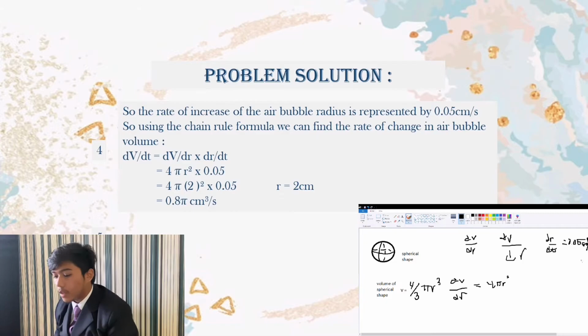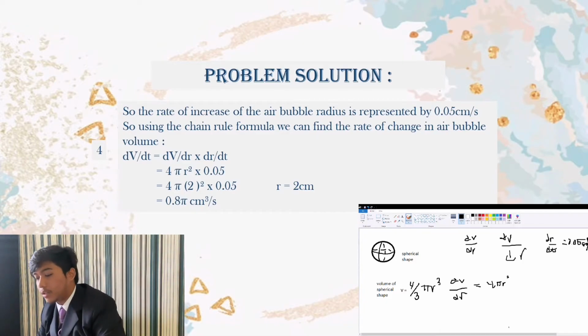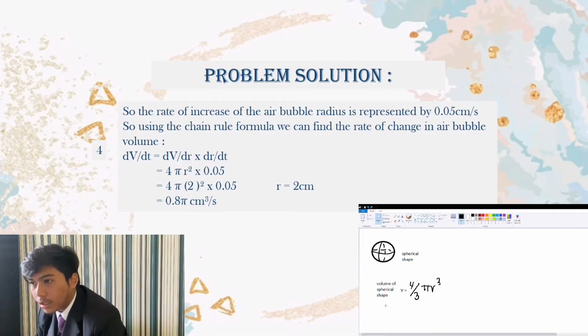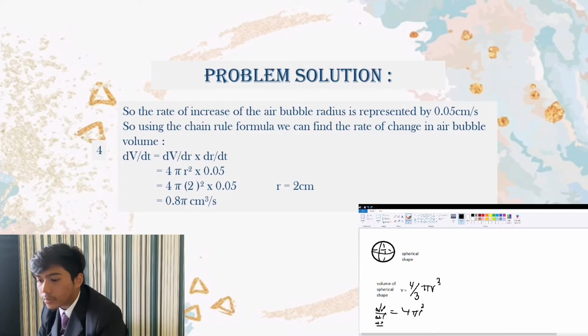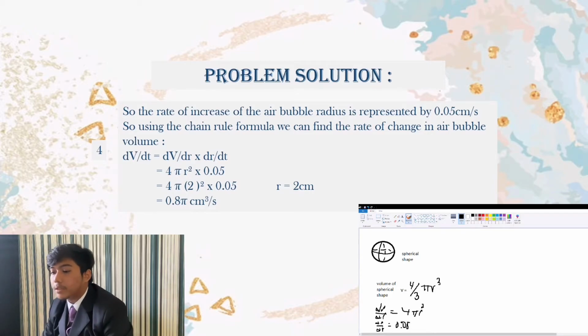So we can find dV per dt, where dV per dr is 4 pi r squared and dr per dt is 0.05 centimeter per second.